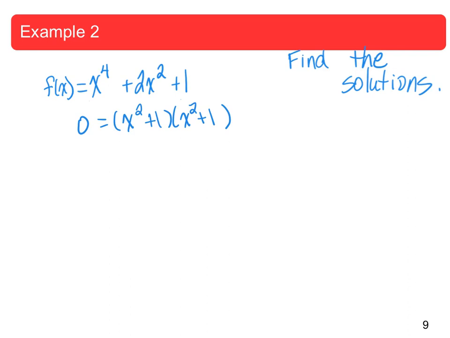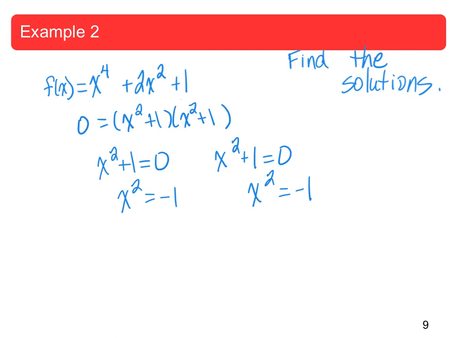So I've got 0 equals x squared plus 1. Actually, I don't like how I wrote that. Let's write x squared plus 1 equals 0, and x squared plus 1 equals 0. So then I end up with x squared equals negative 1.